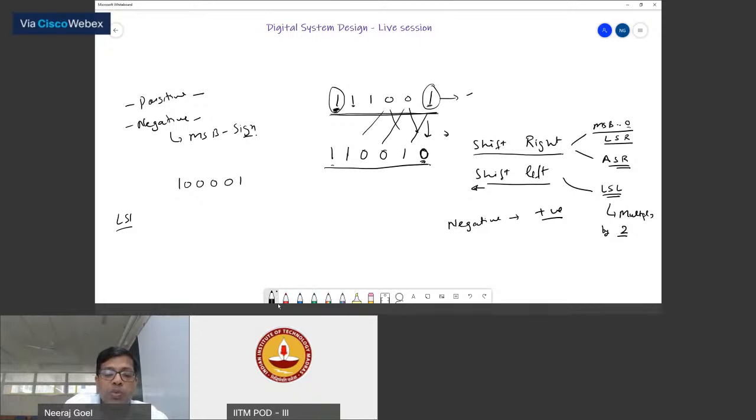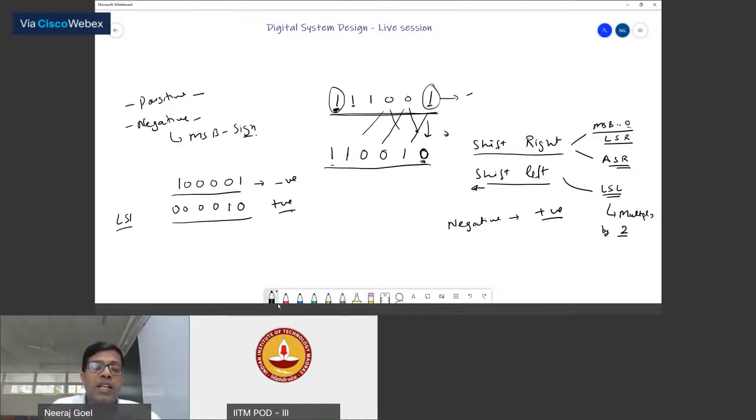In case of LSL operation, here we'll insert 0, and this is becoming this. If this number would have been a negative number, this would be some negative number, and this number is a positive number. So does this case say that there is something wrong here?